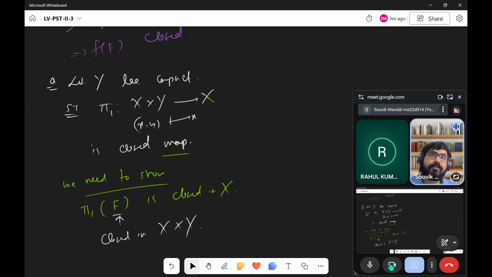In a topological space, closedness implies the sequential criterion, but the sequential criterion does not necessarily imply the set is closed. So here we cannot go by sequences. Correct. Generally you cannot go by sequence; you have to do it some other way.